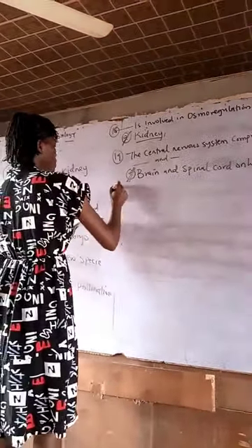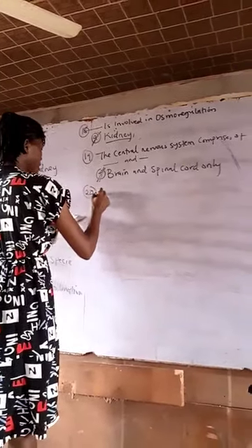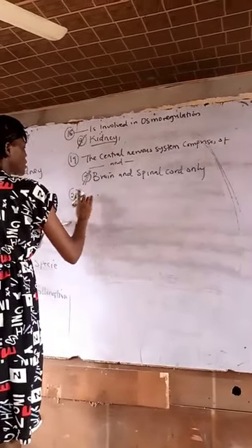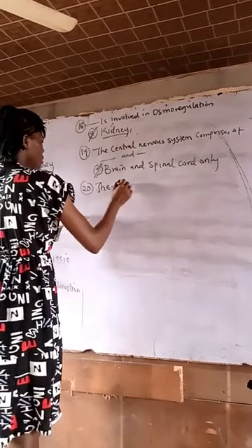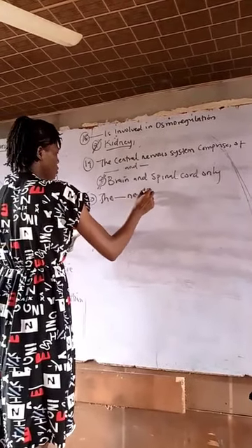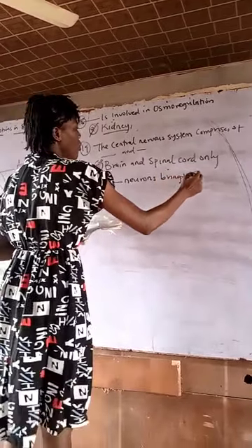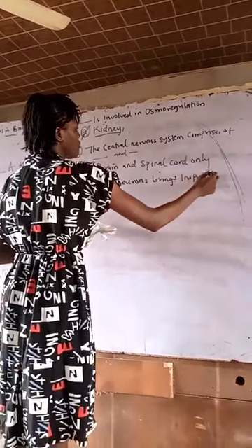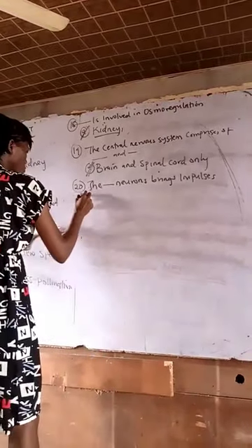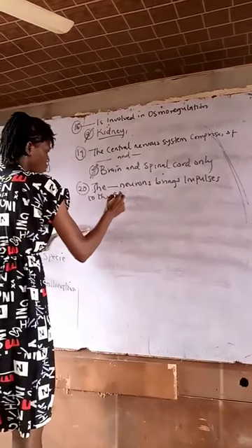Yeah, question 20 or 21. Say the dash neurons brings impulses to the effectors.